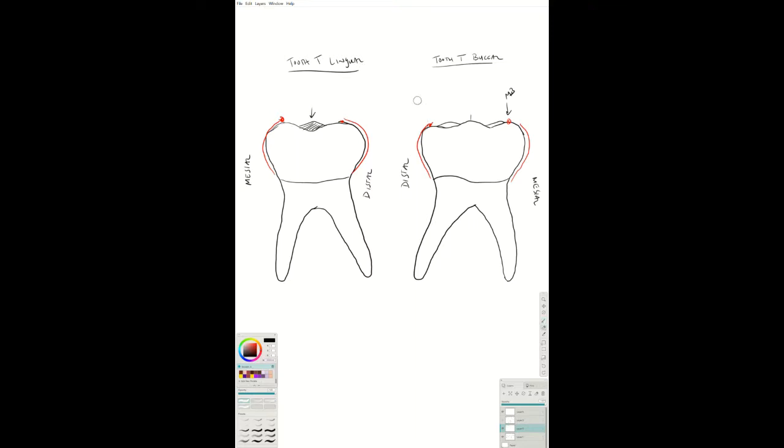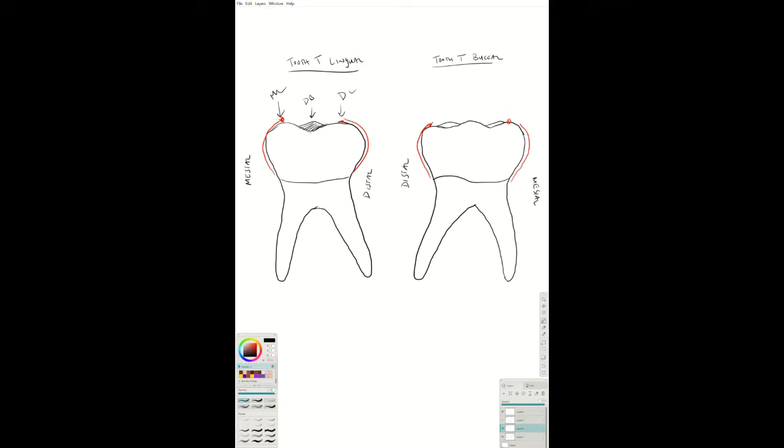So that is seen through the little valley that happens between the distal lingual cusp and the mesial lingual cusp. So just keep that in mind. That's distal buccal.